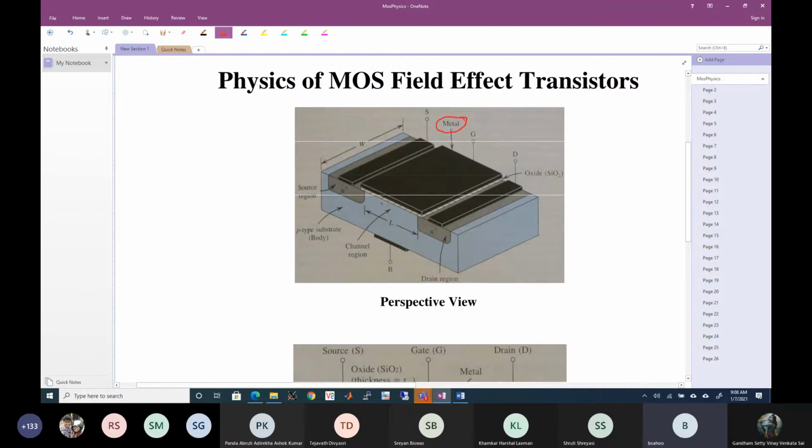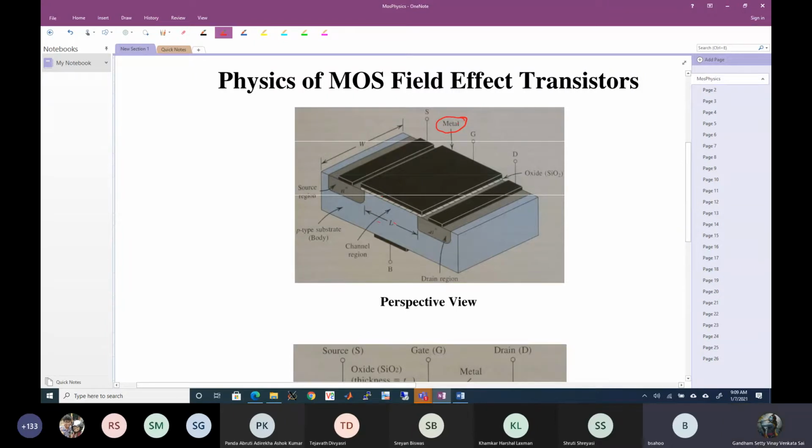Oxide is the interface here between the gate and the substrate, and then semiconductor, the substrate is semiconductor. It is a p-type substrate, and it has two n plus in case of an NMOS. In case of a PMOS, this is going to be an n-type substrate followed by p plus and p plus over here.